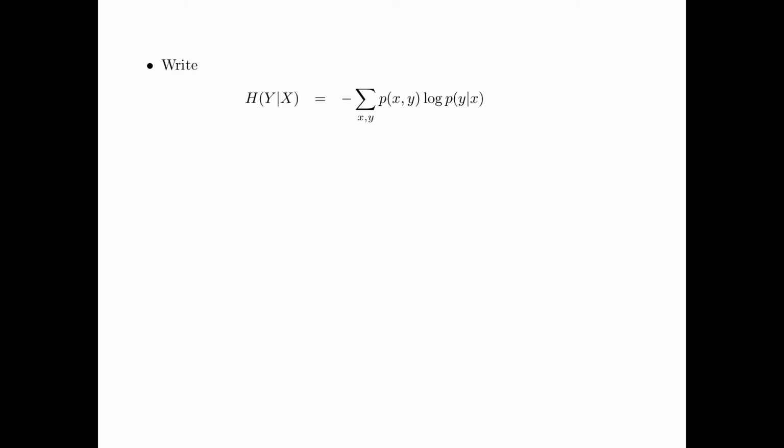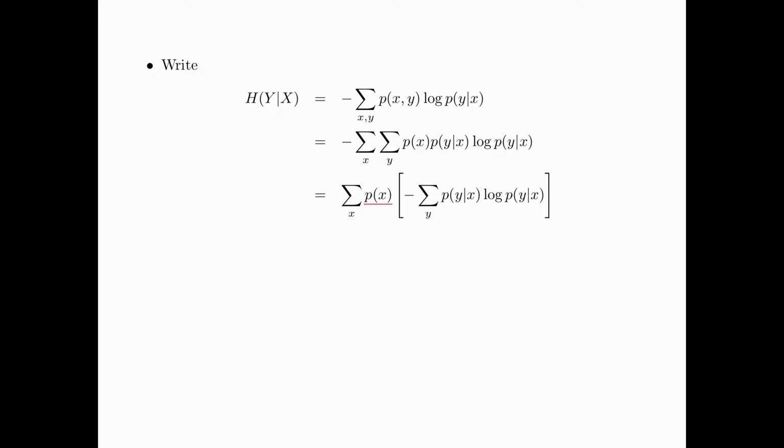Now H(Y|X) is equal to minus summation over x, y of p(x,y) log p(y|x). Now p(x,y) is equal to p(x) times p(y|x). By moving the p(x) outside the summation over y, we can further write this as summation over x of p(x) and then bracket minus summation over y of p(y|x) log p(y|x).